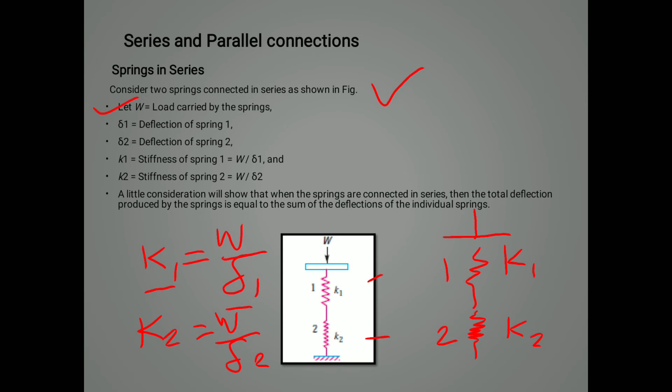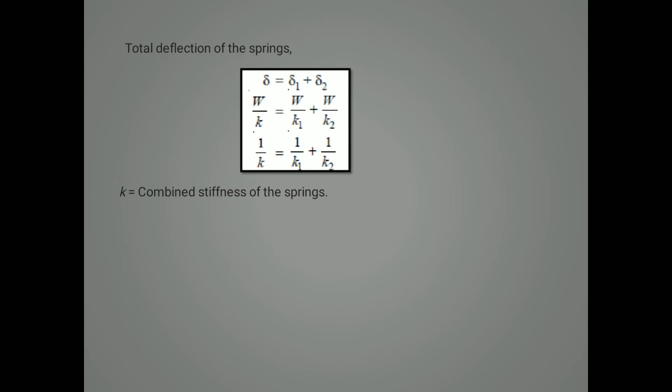A little consideration will show that when the springs are connected in series, then the total deflection produced by the spring is equal to the sum of the individual springs' deflections. So the total deflection is delta equal to delta 1 plus delta 2.